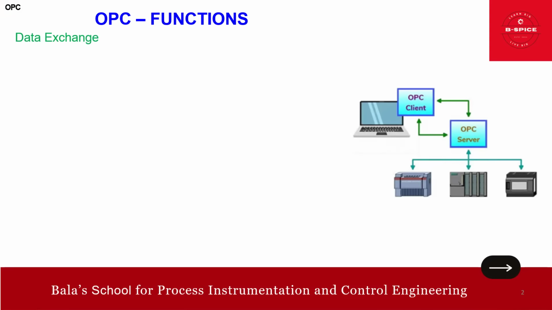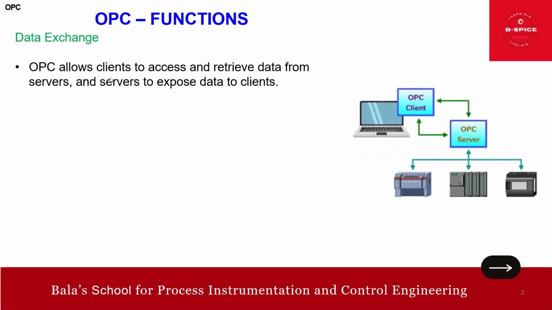When we talk about functionality, friends, one important functionality is data exchange. OPC allows clients to access and retrieve data from the server, and the server exposes the data to clients.